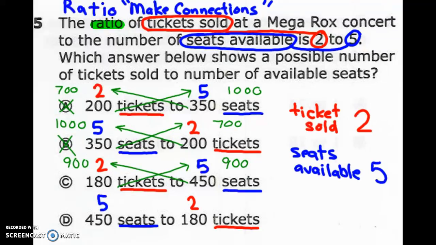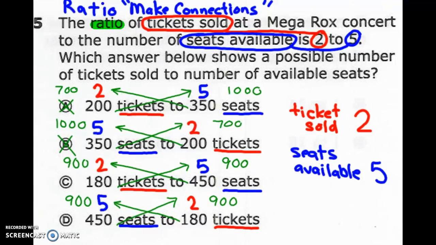Let me check the last one. 180 times 5 is 900. 450 times 2 is 900. Same number. So letter D could also be my answer because both C and D give me equal amounts, 900 to 900.